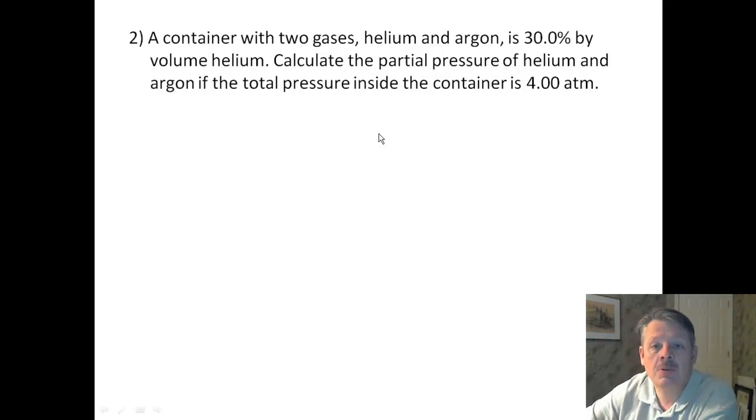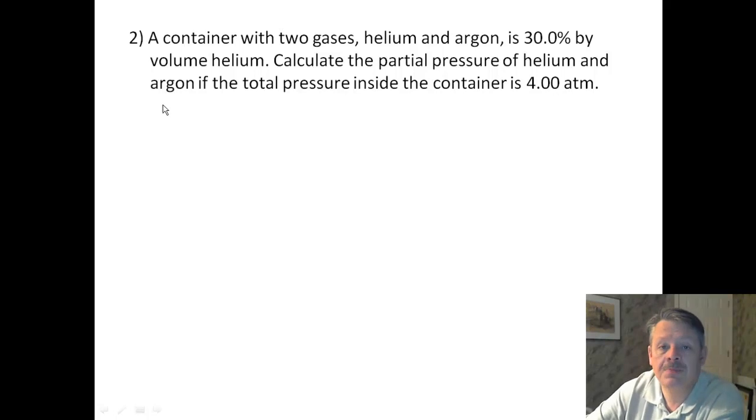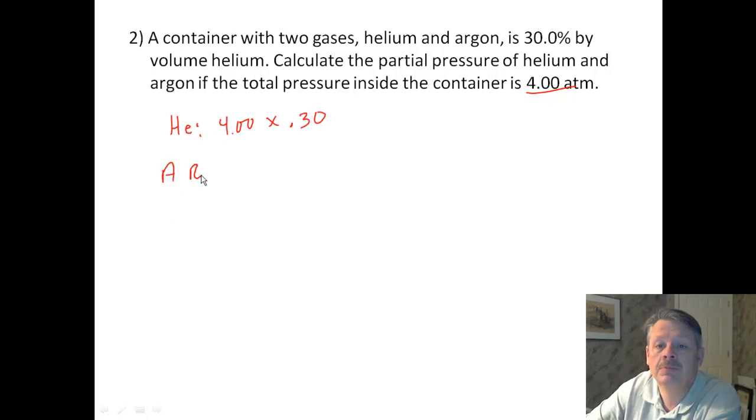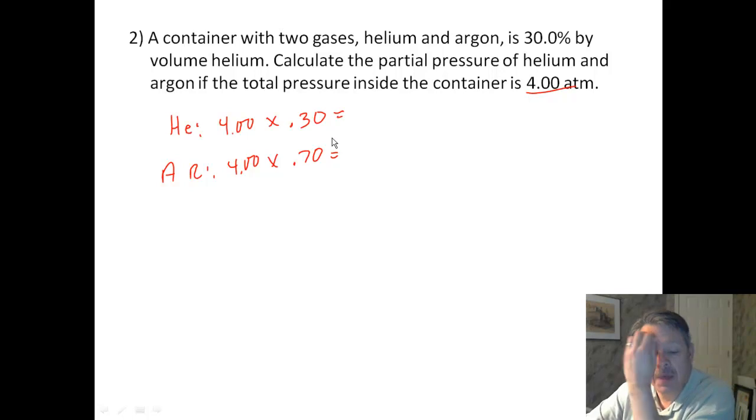If you have two gases, helium and argon, 30% of it is helium by volume. Well, that means 70% is argon. So helium is 30%. The total is 4 atmospheres. So helium is going to be 4.00 times 0.30, and that means argon is going to be the rest of it, which is 4.00 times 0.70.